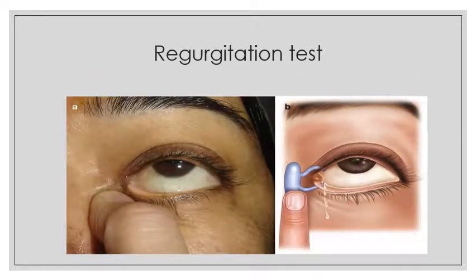Regurgitation test is used to examine the patency of the nasolacrimal duct. Squeeze the lacrimal sac against the nasal bones. How to identify the lacrimal sac? The lacrimal sac is just below the medial palpebral ligament.